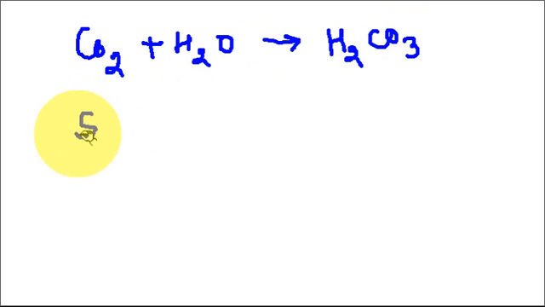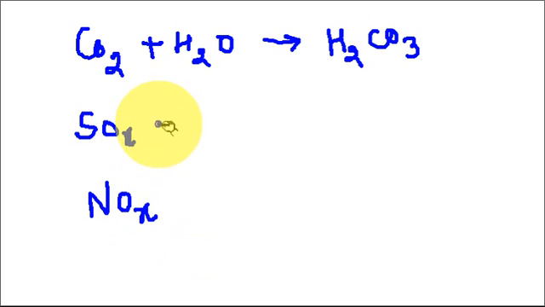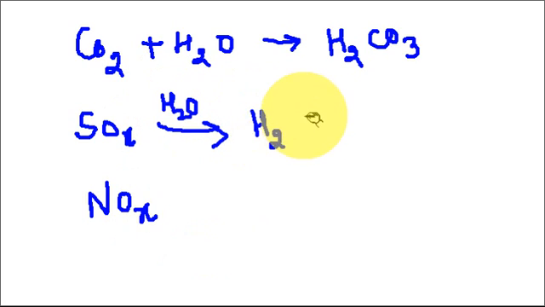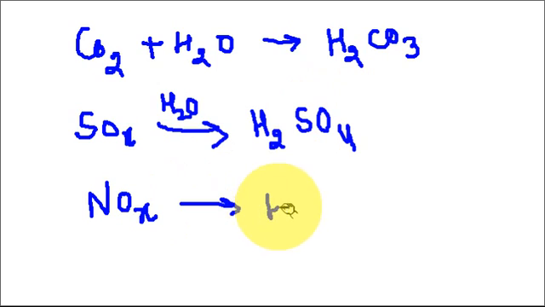So if metal is present in an atmosphere where sulfur oxide, nitrogen oxide, or carbon oxides are present, then these oxides in presence of moisture form corresponding acids, and metal gets corroded in presence of these types of acids.